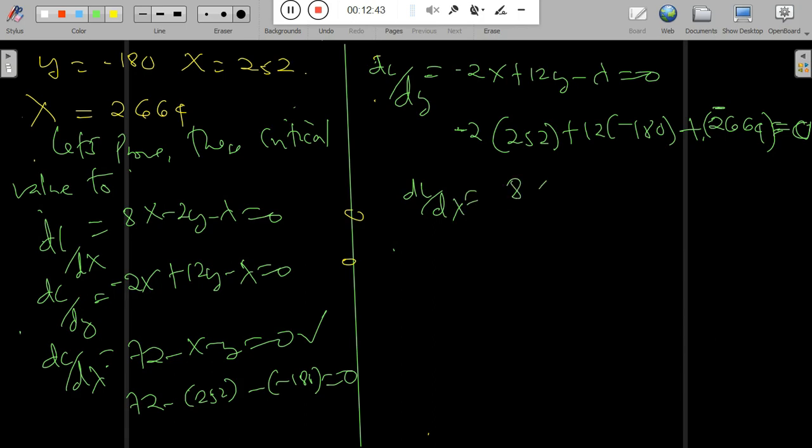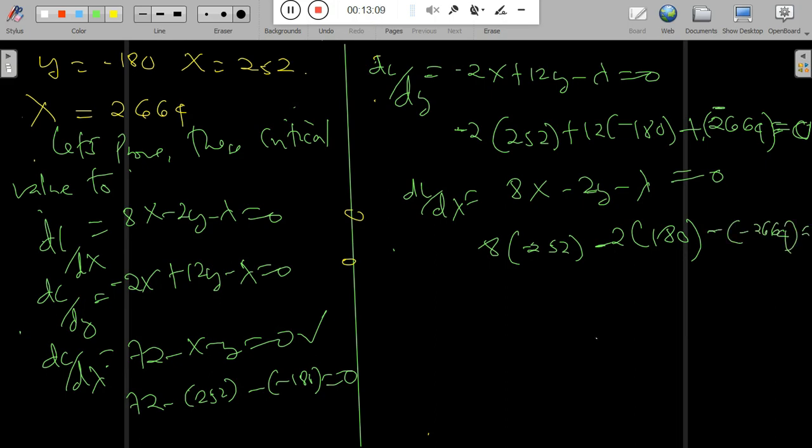And when we take the dL over dx on the given function of 8x minus 2y minus lambda is equal to 0, when we plug in 8 times 252 minus negative 2 times 180, then minus negative 264, the answer also will be equals to 0.